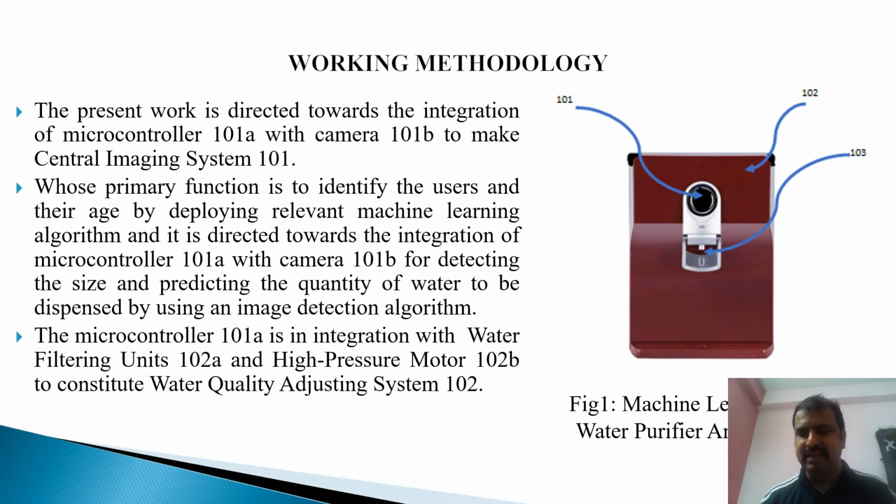These relays, valves, high pressure motor and filtering system together constitute the water quality adjustment system, and they are deployed based upon the requirements of the particular user that is detected by the microcontroller 101A.